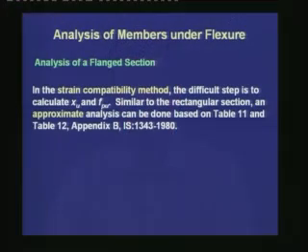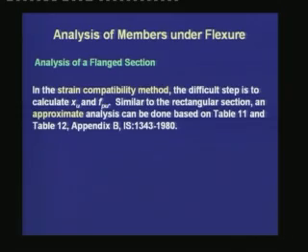Now, in the strain compatibility method, the difficult step is to calculate XU and FPU, because we have to go through an iterative process which satisfies the strain compatibility equation and the constitutive relationships and the equilibrium equations.